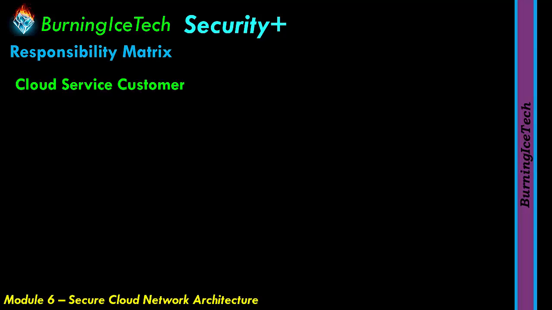That's going to be you for the most part. So coming at this from our perspective, or should I say the customer's perspective, the user identity management, that would be our responsibility. So we, the customer, need to go and create the user accounts. We need to go and create the groups.